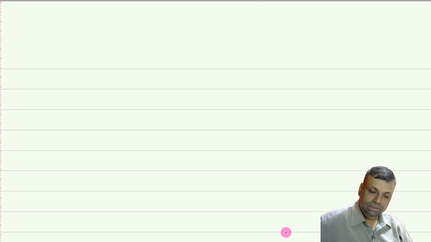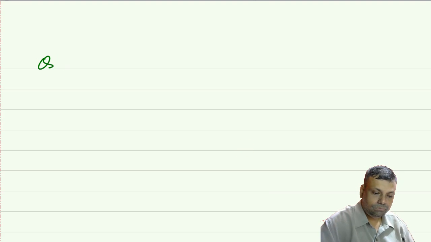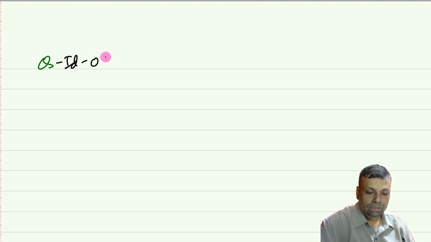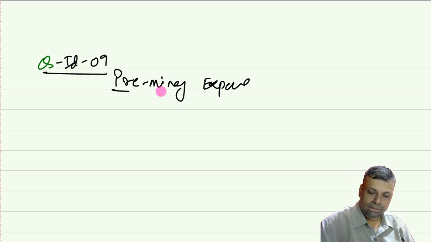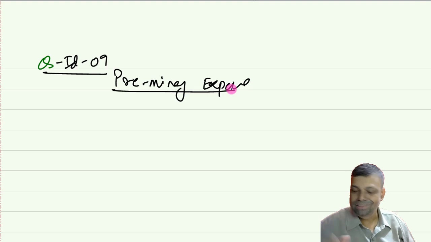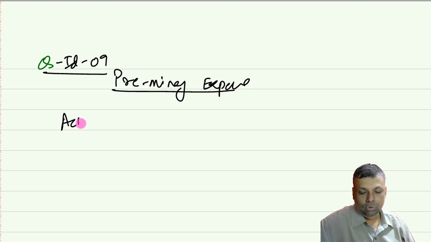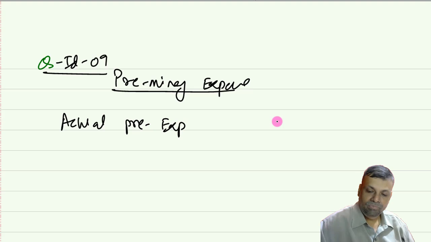Let me just start. Question ID number 9, preliminary expense. I'm just solving it as a matter of formality, but it is very simple, friends. Actual preliminary expense is 2,40,000.